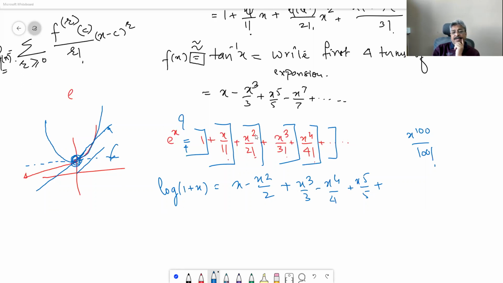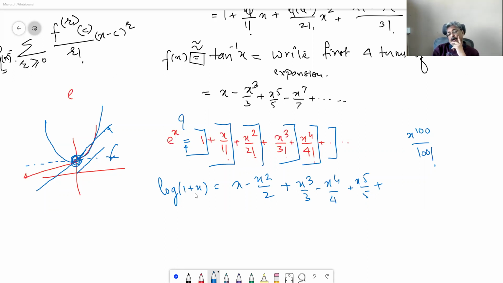We can sketch them and observe that the more terms we add, the value of the function becomes better and better. That is what we will get in case of e raised to x.